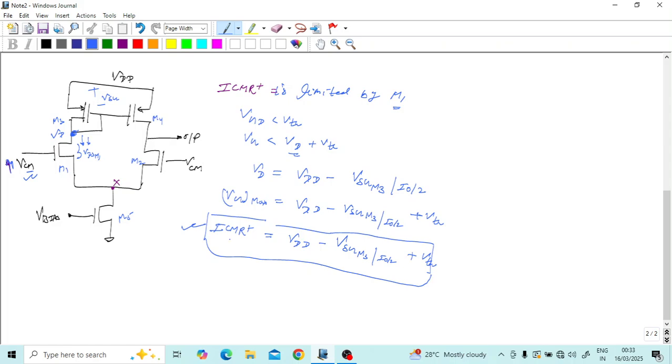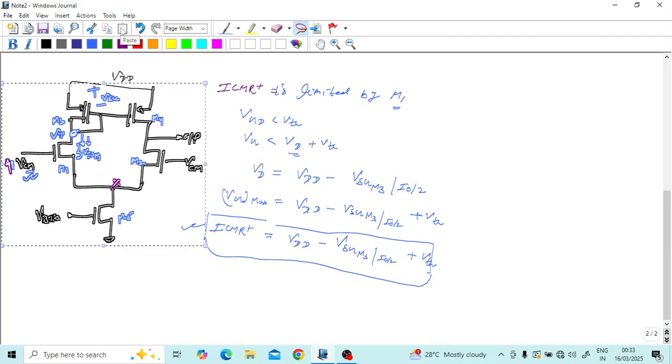Now let's see the output common mode range, that is, what voltage we can apply at the output so that our devices will be in the saturation region.